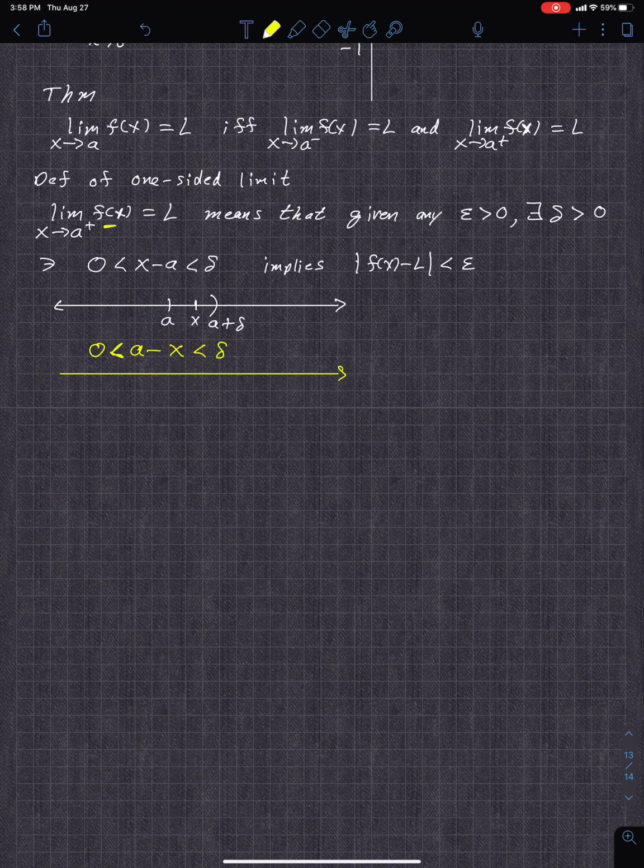Here's your a, and you're coming in like this, and that's basically a minus delta, and your x values are in here. So that's what that inequality would mean. The rest is the same. But really, if you can just focus on the first definition, that's good enough for now.